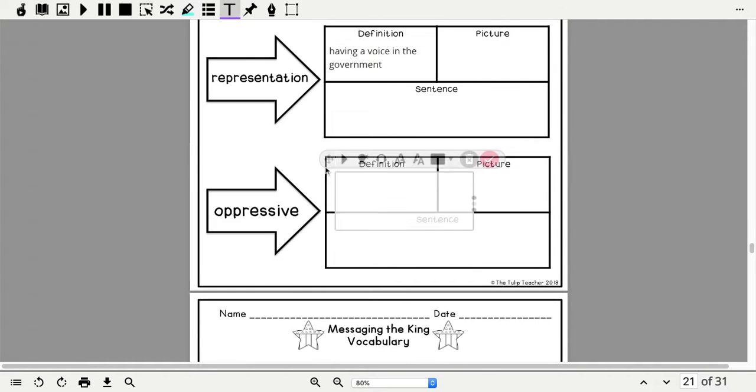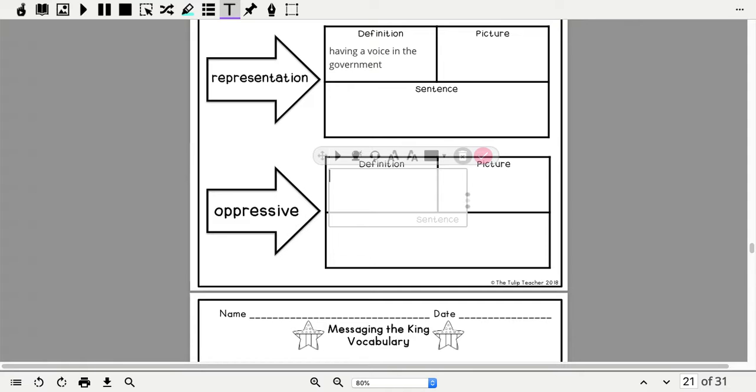Okay, so this next one says oppressive. What does oppressive mean? So I'm going back and I'm looking for the word oppressive in my story. And in the third paragraph, it explains why.